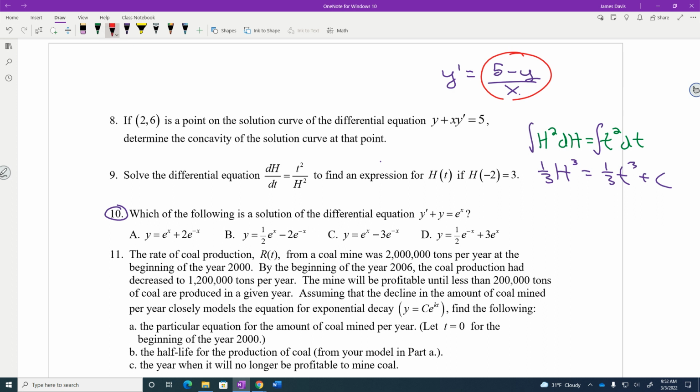If you multiply everything by 3, you get h cubed equals t cubed plus 3C. Now if you want to take the cube root, you don't want to have to deal with the cube root as much, so maybe I'll go ahead and plug in now. Plug in the initial condition, so we get 3 cubed equals negative 2 cubed plus 3C.